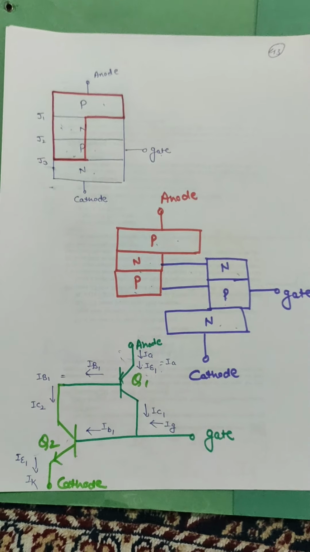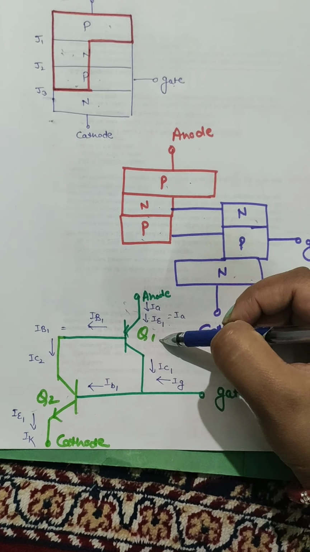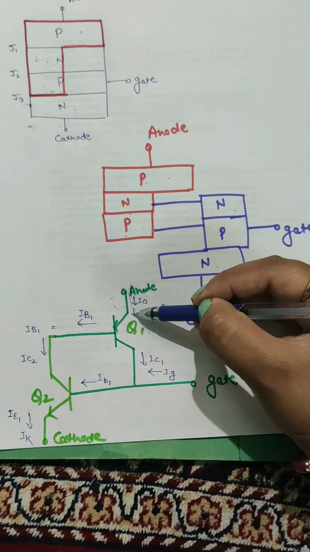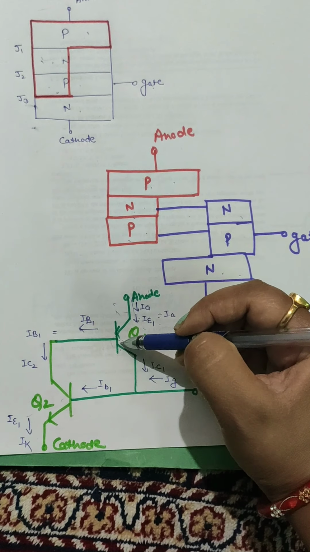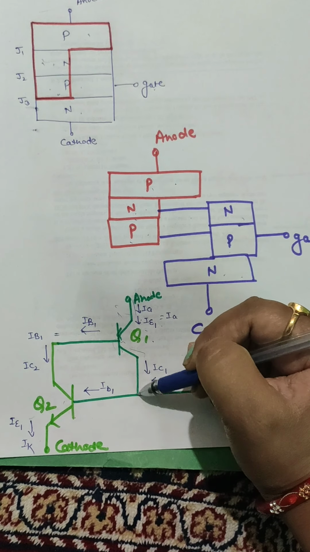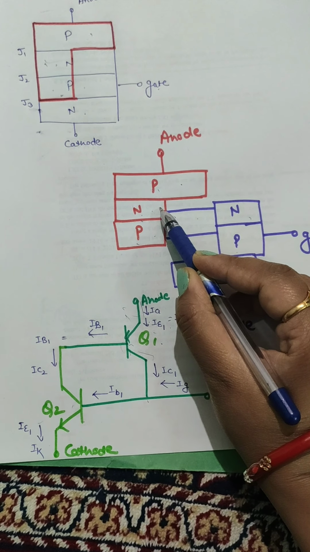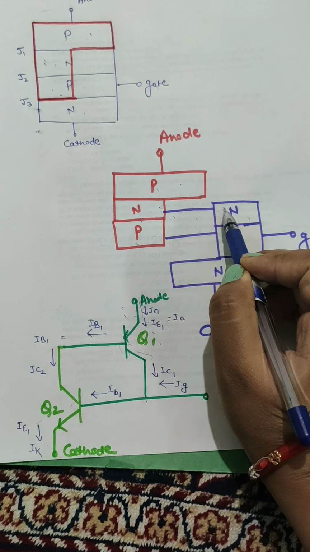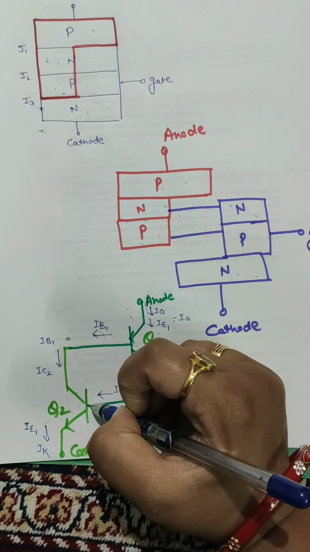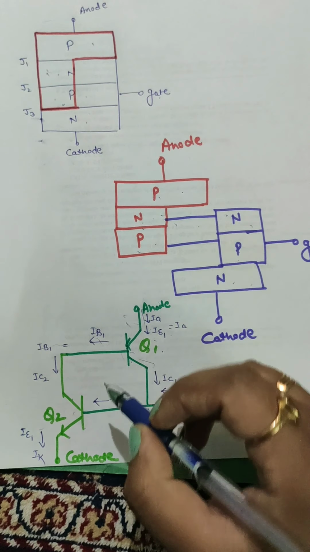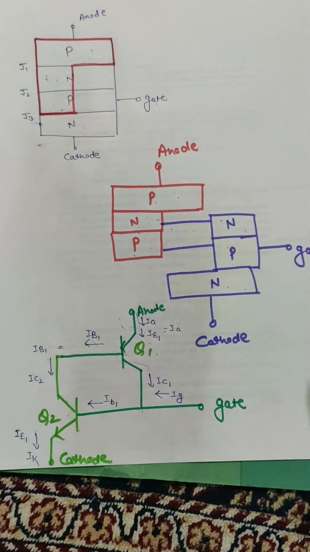In the PNP transistor, this is the anode, the base terminal is this N, and the collector is this P. The base is connected to the collector of the second transistor, and the base of the second is connected to the collector of the first transistor.